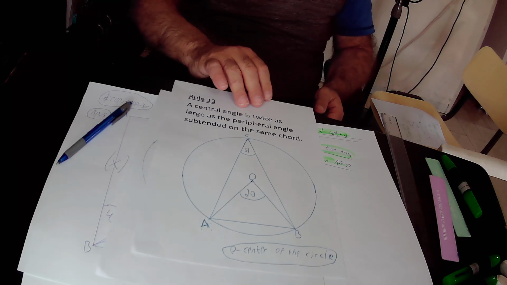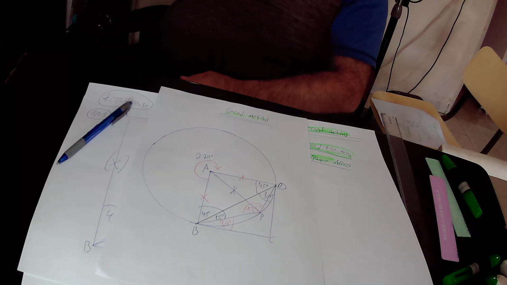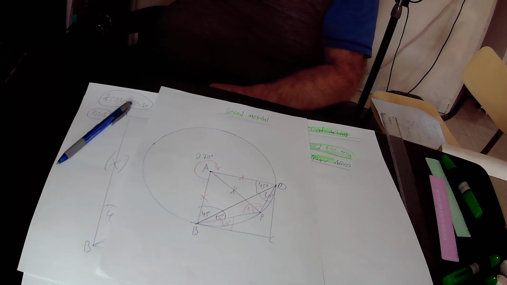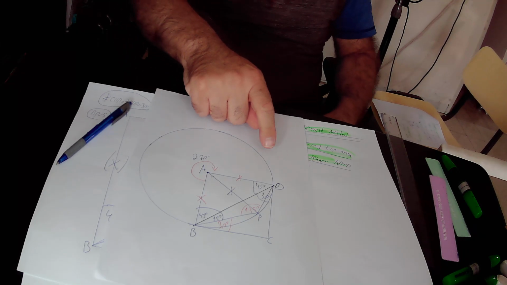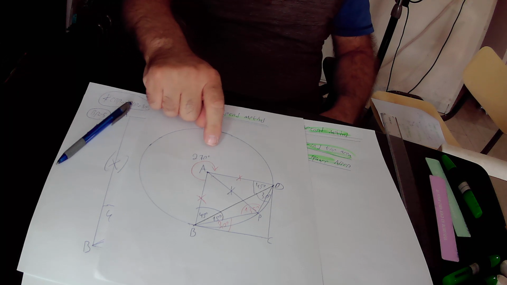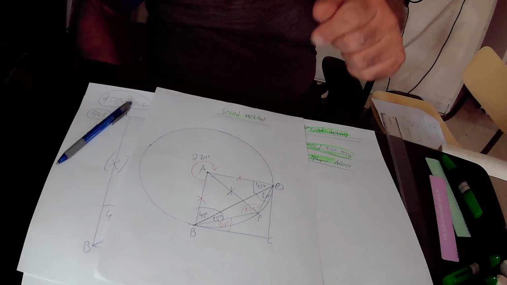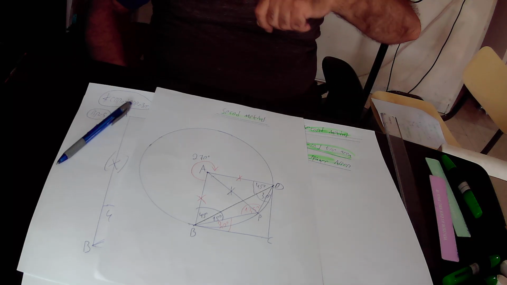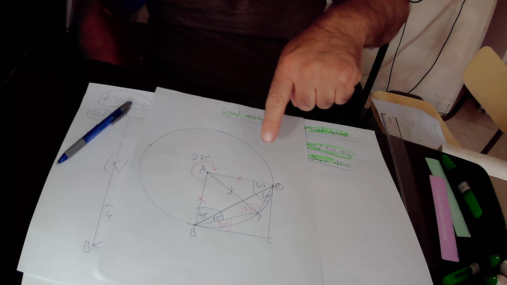So we can actually implement rule 13 in our drawing. So we'll put in our drawing, this is center angle DAB, equal to 270 degrees in size. It is subtended on chord DB. Likewise, this is angle DPB, equal to 135 degrees in size, and it is subtended on the same chord DB.